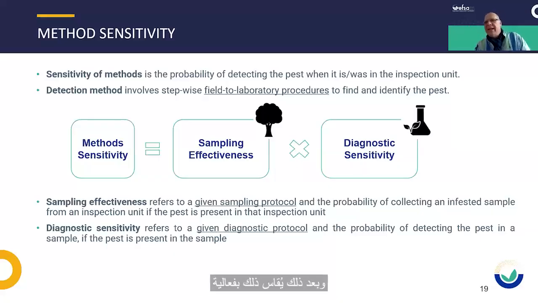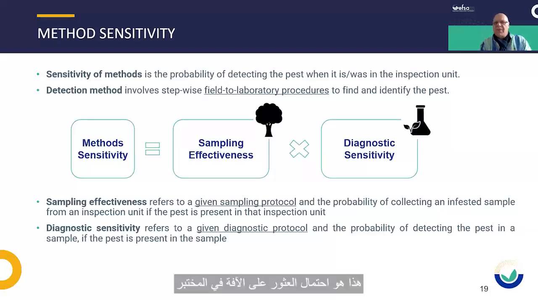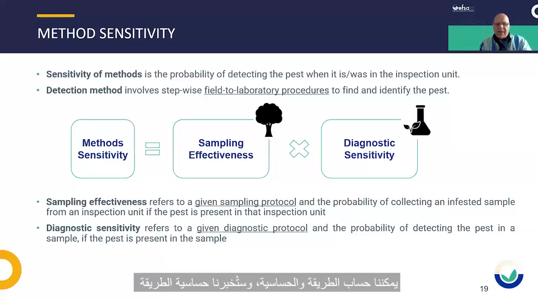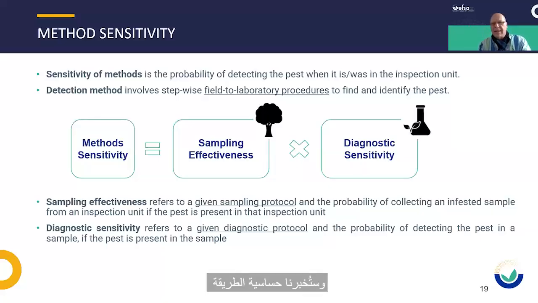And after, it is combined with the diagnostic effectiveness or the diagnostic sensitivity. That's the probability to find the pest in the lab when the sample is provided there and contained the pest. So with these two, we could calculate the method sensitivity, and the method sensitivity would tell us whether we need more inspection units to inspect to compensate for lower sensitivity.